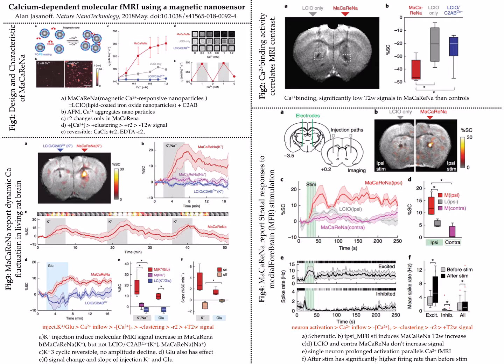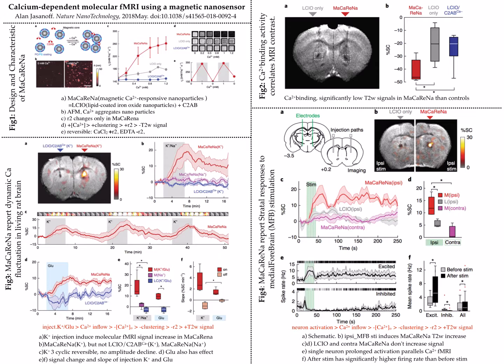Because the nanoparticle can only live in the extracellular space, the drop in extracellular calcium concentration can reduce the clustering and then reduce the R2 value. And if the R2 value is low, then the T2 weighting signal will be high. So if you measure a higher T2 weighting signal, that means maybe there was some glutamate injection or some potassium injection.